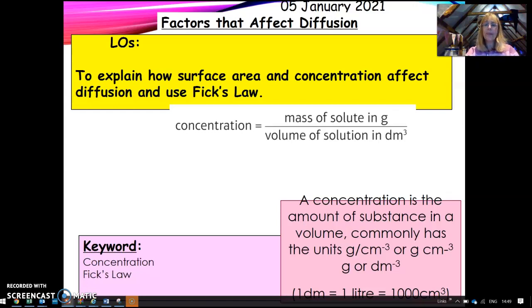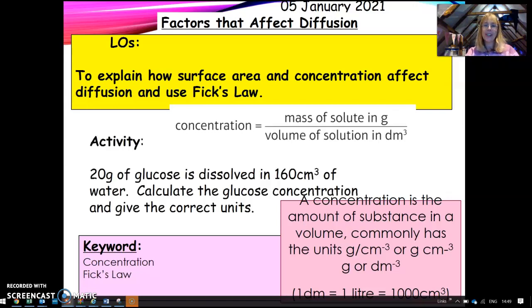Okay, and the units from those variables, grams per decimeter cubed in this situation. So take a minute and see if you can work out what is the glucose concentration if I use 20 grams of glucose dissolved in 160 centimeter cubes of water. And don't forget to add in the units. Okay, nice, easy calculation there.